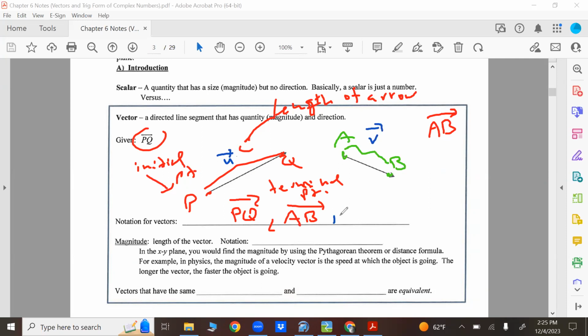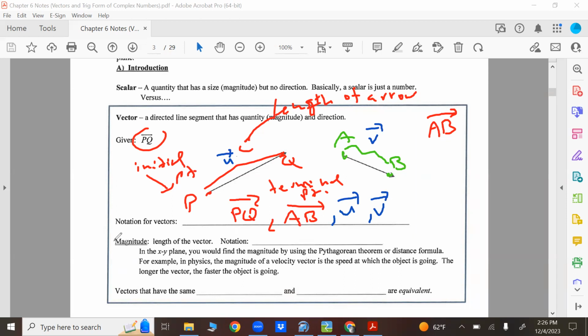By the way, those are very common letters used. I don't know why, but they just are for vectors. So sometimes if you want to just give it a single letter, just keep things simple, you can. That's totally fine. You can do that too. Yeah, totally. If you want to, sure. You can do subscripts. Absolutely.